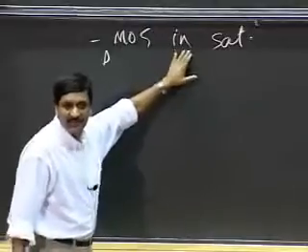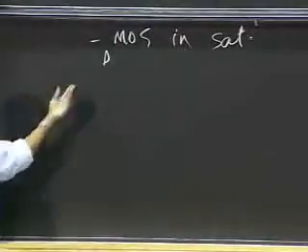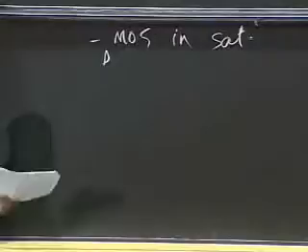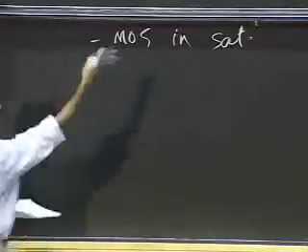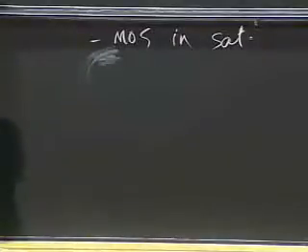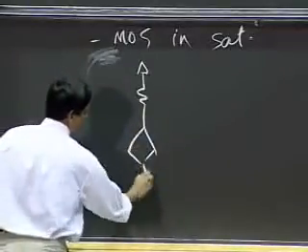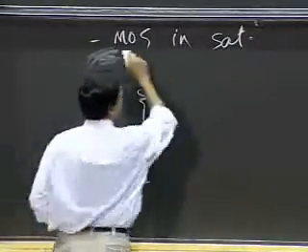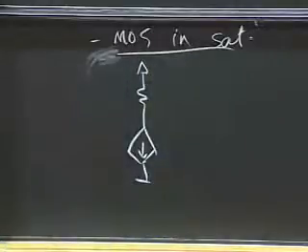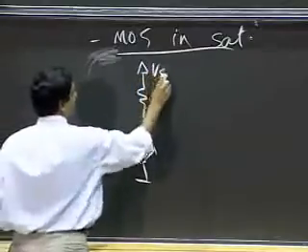As soon as we tell you that, we can then go ahead and analyze that circuit. To analyze that circuit, what you will do is simply replace the MOSFET with its equivalent model, and that looks like this. Since you have been told that it's in saturation, you can replace the MOSFET with its current source model.